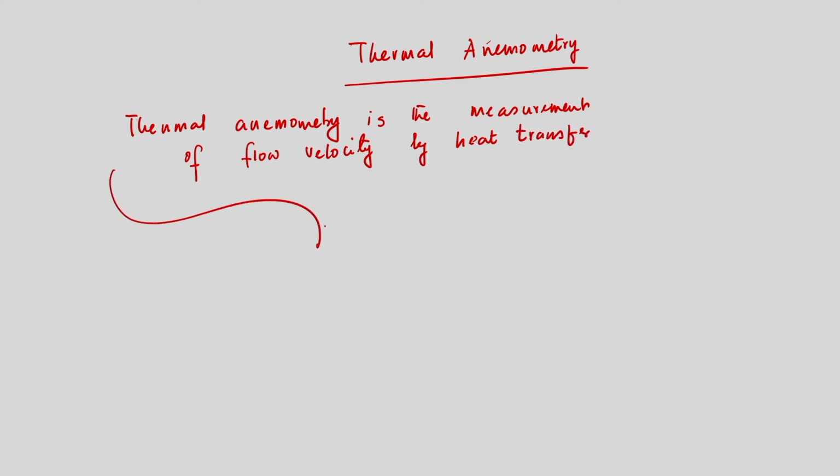Now, thermal anemometers are used to measure flow velocity. This is the measurement of flow velocity by heat transfer using either hot film or hot wire methods.